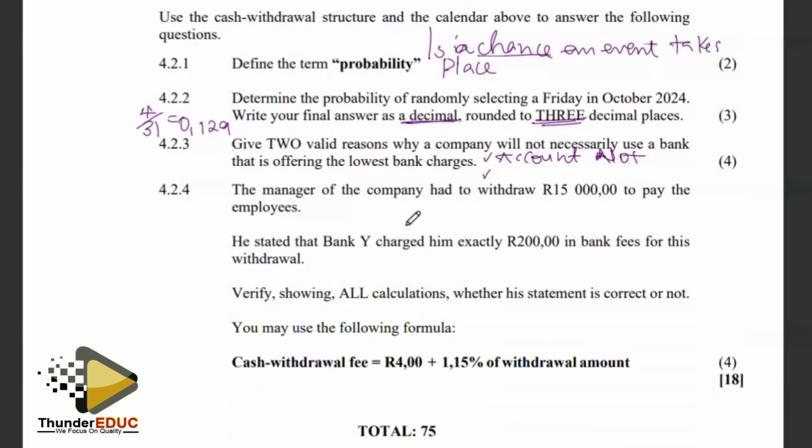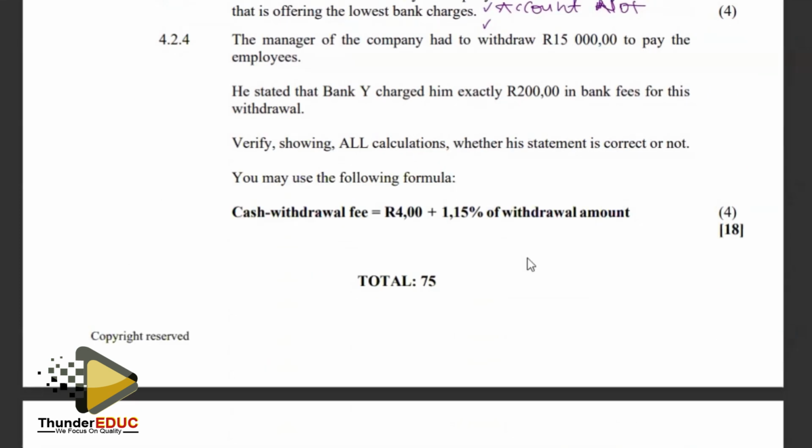The manager of the company had to withdraw 50,000 to pay the employees. He stated that the bank charged him exactly 200 in bank fees for this withdrawal. Verify, showing all calculations, whether his statement is correct or not. You may use the formula below. They are telling us you have to pay 400 plus 1,15%, so make it over 100 times the money that was withdrawn. So it's 400 plus 1,15 divided by that times.